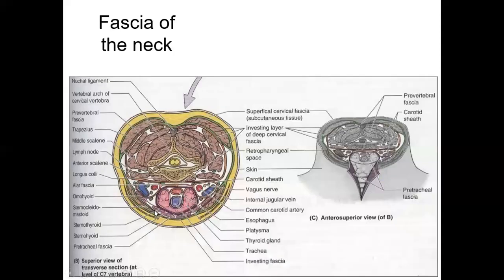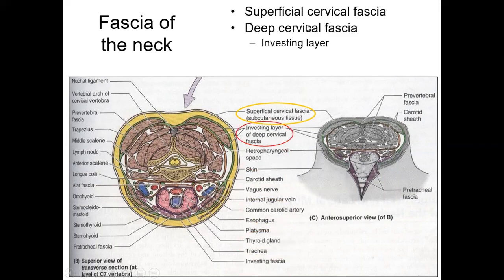Now we're going to discuss the fascia of the neck. For the fascia of the neck, we have the superficial cervical fascia and also the deep cervical fascia. For the deep cervical fascia, we have three parts.